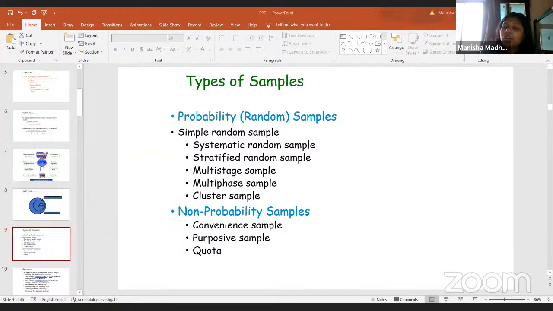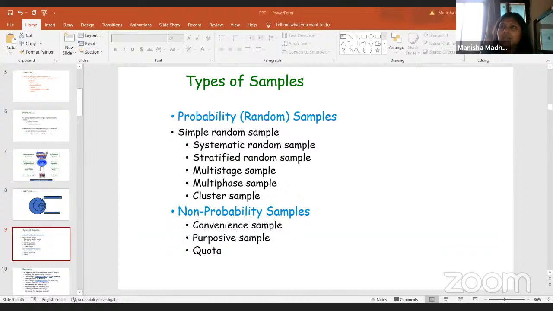So this is all about your random sampling method. So based upon your technique, based upon your result, you can choose any of the random sampling methods. Now next comes the second broad category, your non-probability sampling. It is a type of sampling where each member of the population does not have a known probability of being selected.